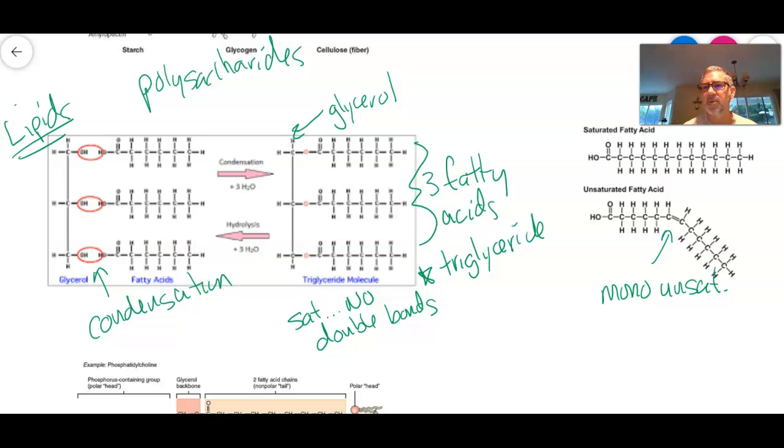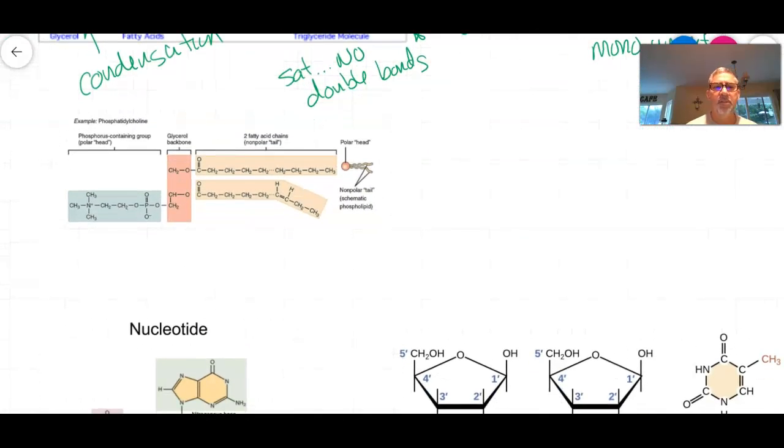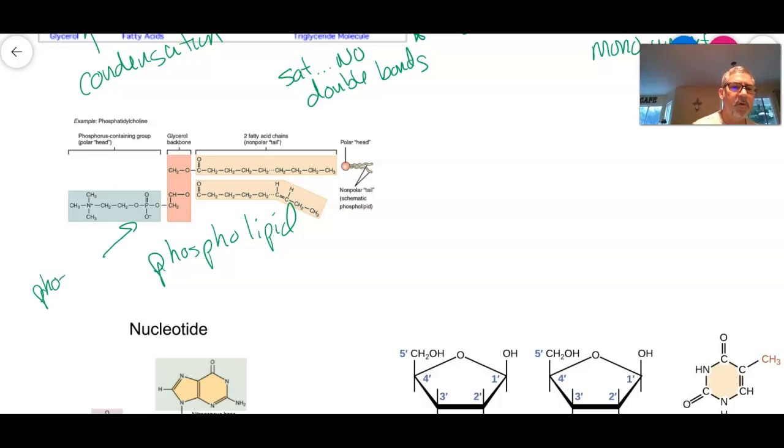So saturated just means holding as many hydrogens as possible. Okay. So this is a phospholipid. Not a triglyceride, phospholipid, because it has a phosphate. So this is our polar head and our non-polar fatty acids, so our hydrophilic and our hydrophobic.